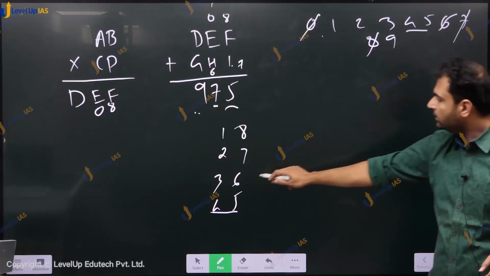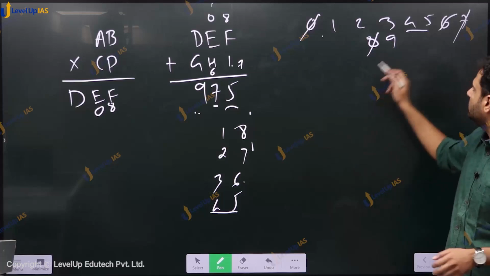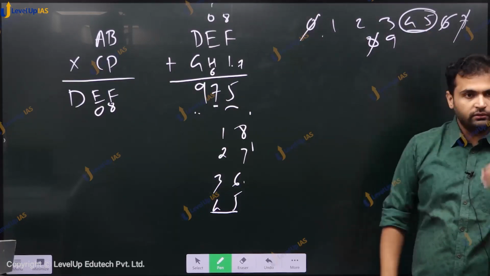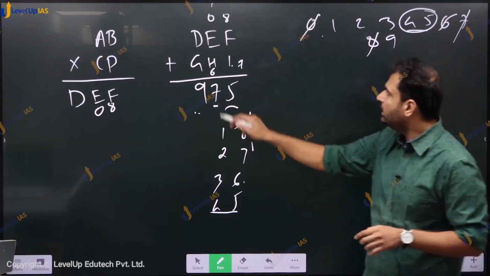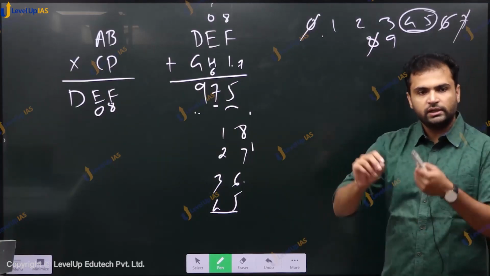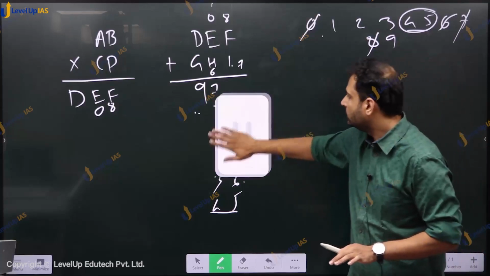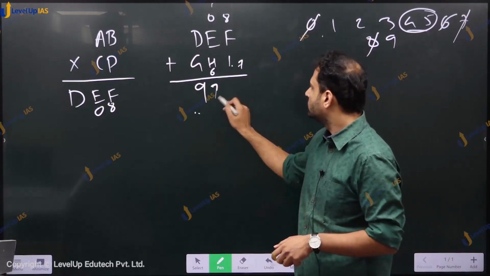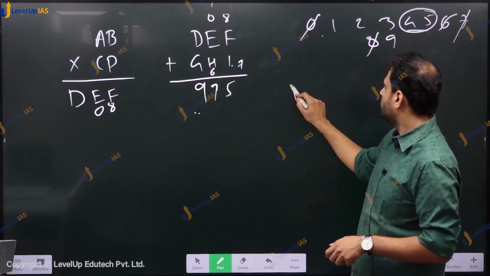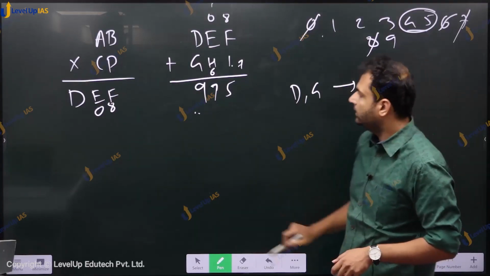6 is already taken. 7 is already taken. 8 is already taken. Everything else is taken. Only something which is not taken. 4 and 5. So D and G are 4 and 5 in some order. It is either 4 5 or 5 4. That could be there. So D comma G are 4 comma 5. Fine.